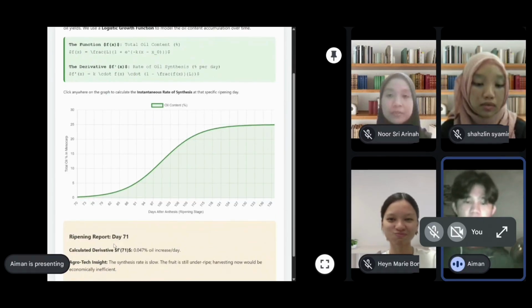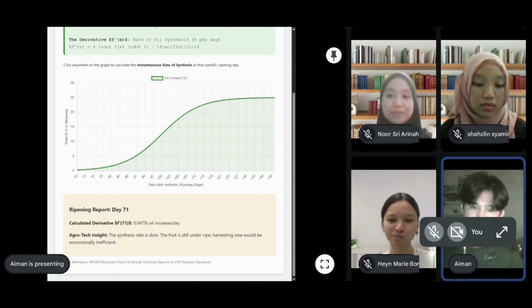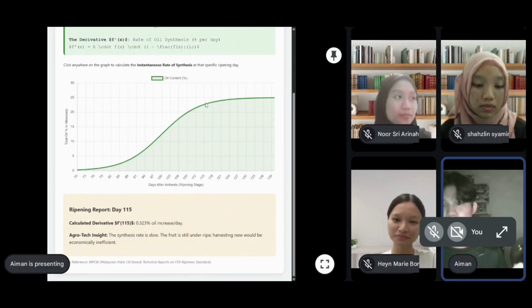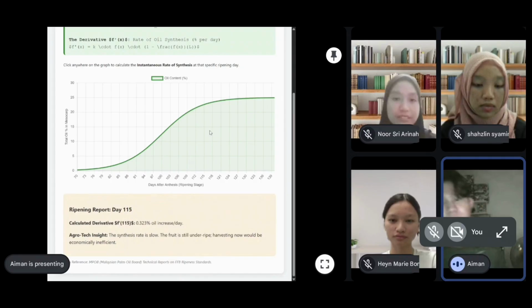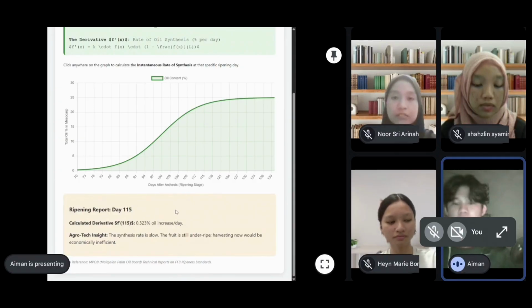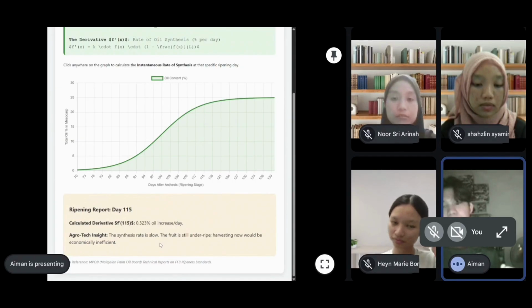We can see the calculated derivative 0.07 rising every day, and we can see the increase at 0.323% per day.